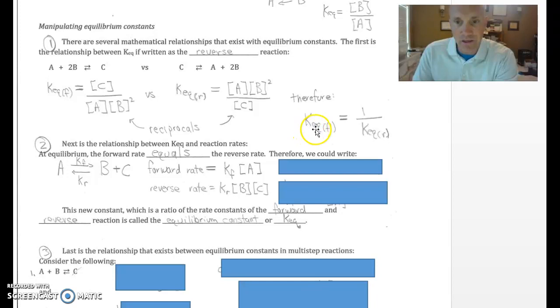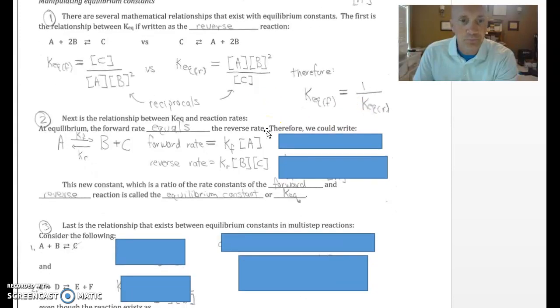The KEQ of the forward written reaction is equal to 1 over the KEQ for the reverse reaction. That's the definition of what a reciprocal is. Or actually, the reciprocal can be defined as just flipping numerator and denominator, but for a whole number, the reciprocal is just 1 over that number. So please be aware that this relationship exists, and that is definitely something that you're required to know for the IB curriculum.